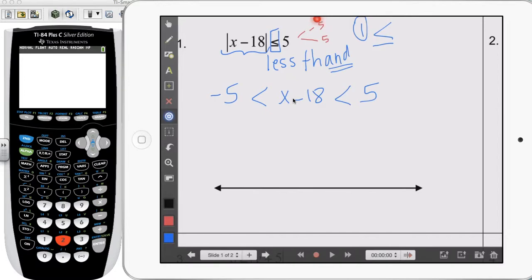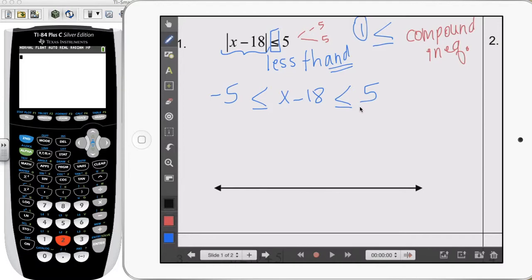So separate the 5 into a negative and a positive, and whatever is inside the absolute is going to be between -5 and 5. And since it's an equal thing as well, you have to have less than or equal on both of them. So every time you have a less than relation, you're going to end up with a compound inequality. And you set whatever is inside the absolute to be between -5 and 5.